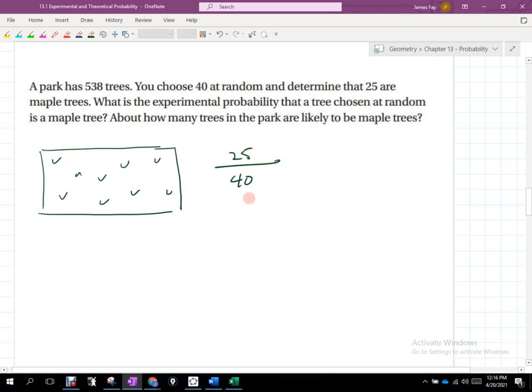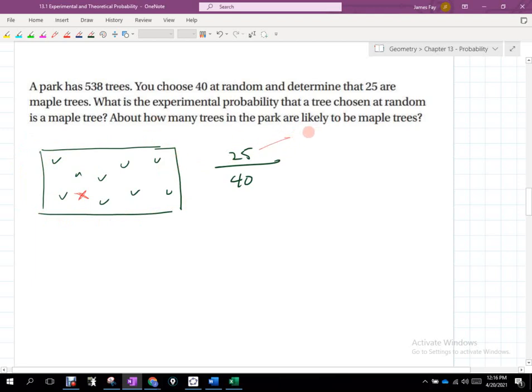I would look at those and say, of those 40, 25 of them are maple. Because I did this randomly, when I look at that tree right there, and I don't know what it is yet, it's got a 25 out of 40 chance of being maple. Does that make sense? So when it says experimental probability, that's the probability we gain from actually doing this experiment, from counting the trees.